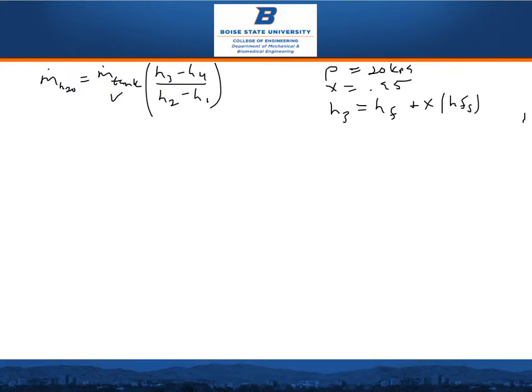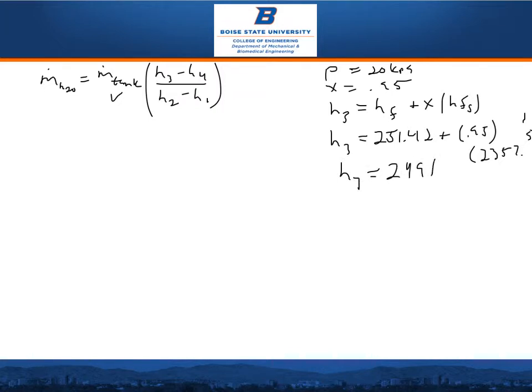Using our tables, we put in the numbers here first: 251.42 plus 0.95 times 2357.5, I believe, if I can read my writing, for a value of H3 of 2491.1 kilojoules per kilogram.